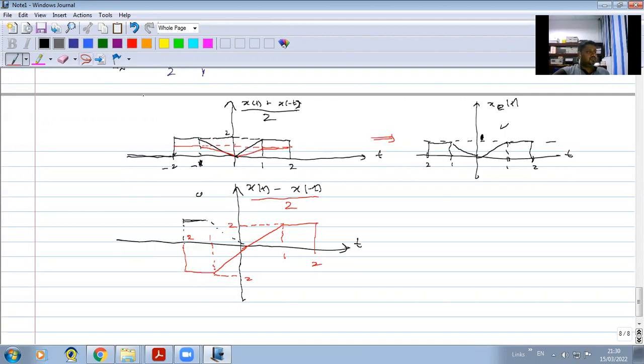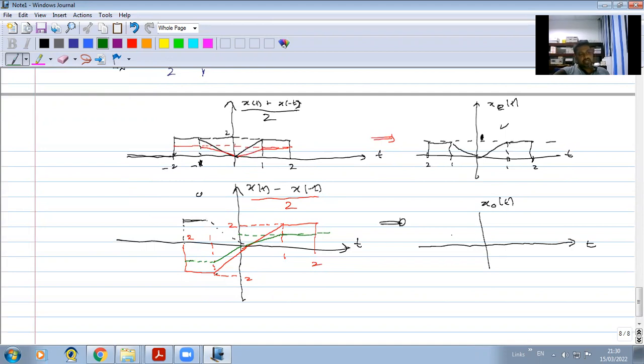So if you divide it by 2, you will get the odd function. So if you divide it by 2, this will be half, no? So this 2 will be 1, minus 1. So you will get like this, minus 1 up to here. And this also 2 will be plus 1. So you will get up to here like this.